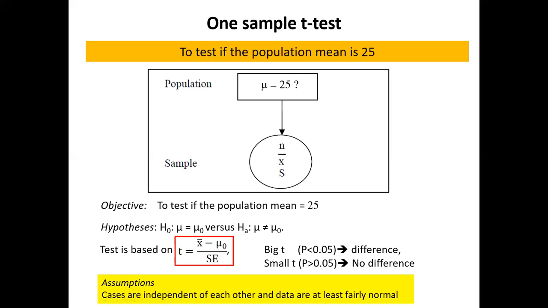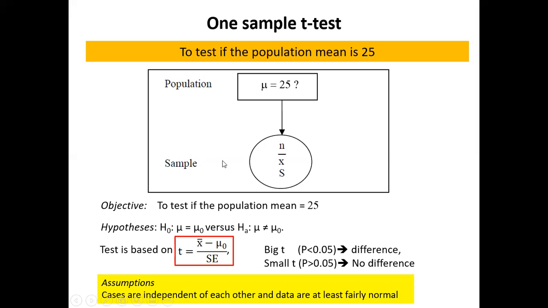Right. This example. What do you want to know? What you want to know is the objective. What's the heading? To test whether the population mean is equal to 25 or not. So we put 25 there, whether it equals 25. Then what do you do?